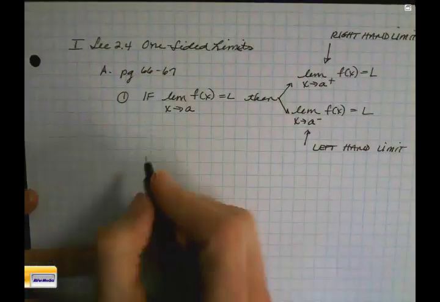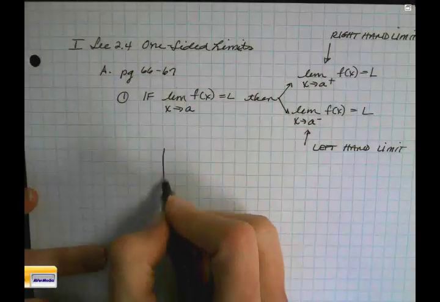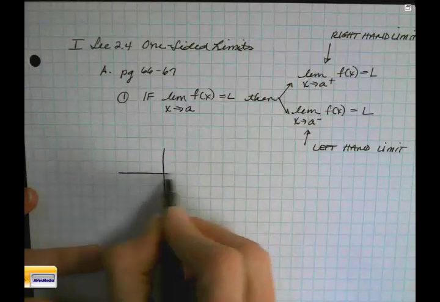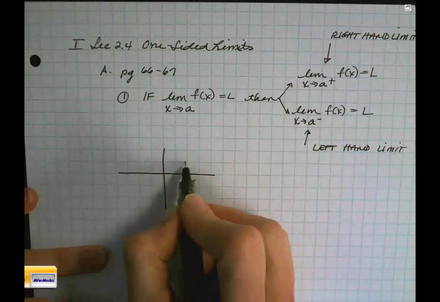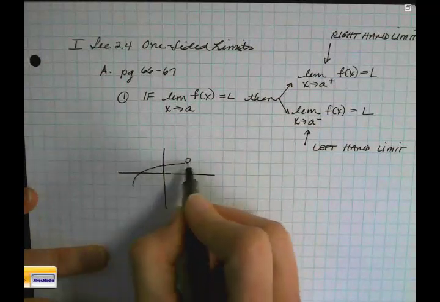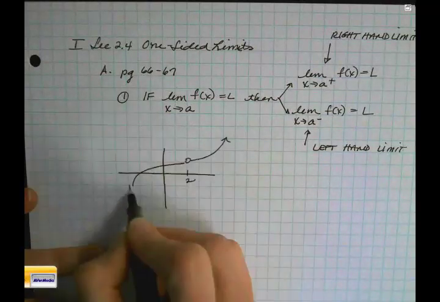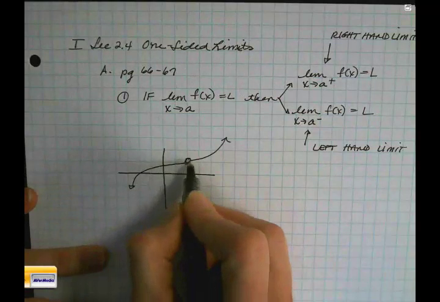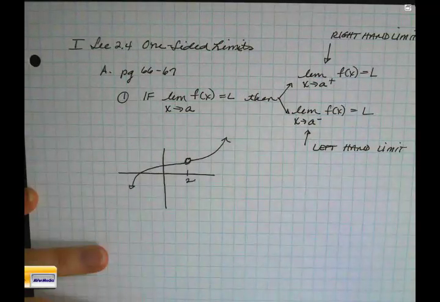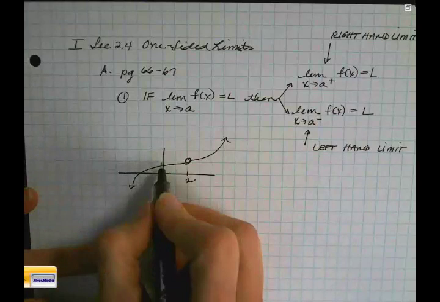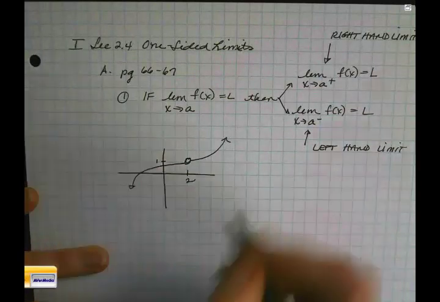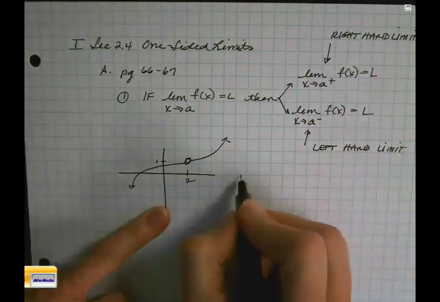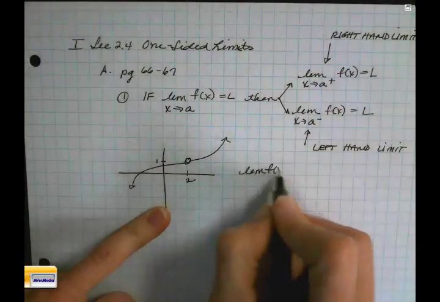So here's an example. And here's just a simple graph, okay, with a hole in it. If they asked me with this example, what is the limit of this function?